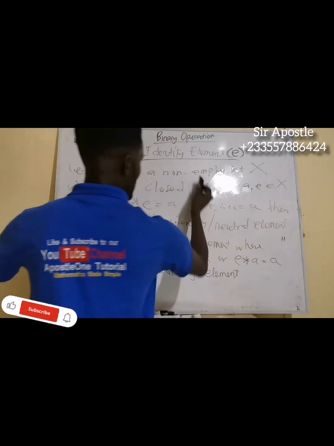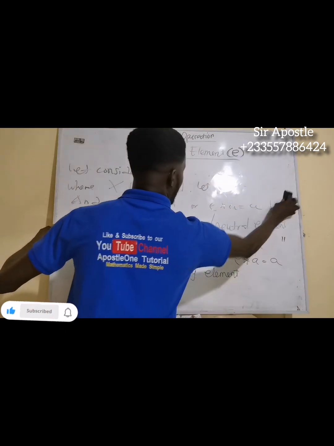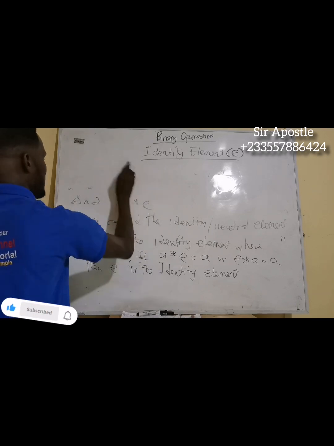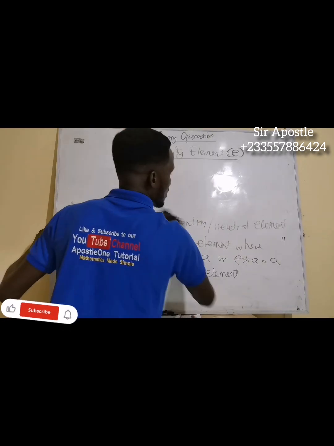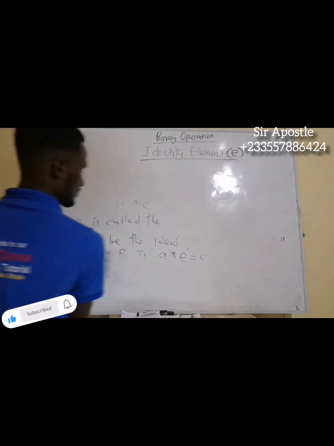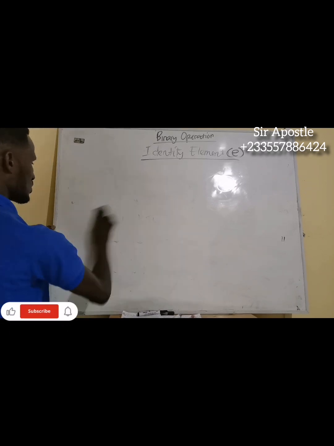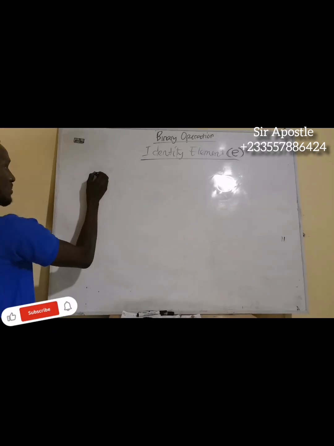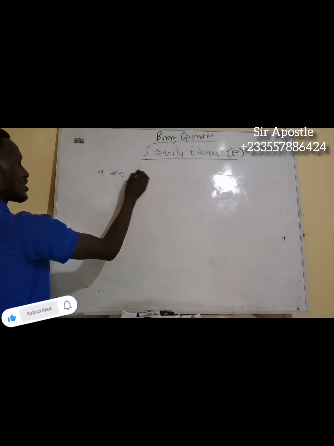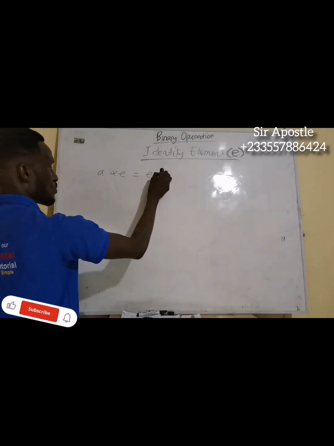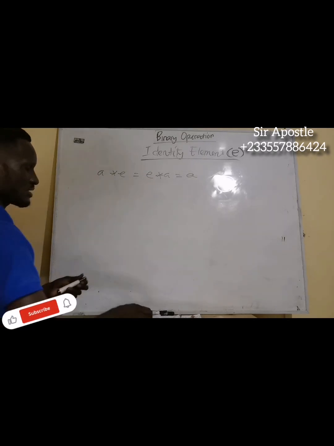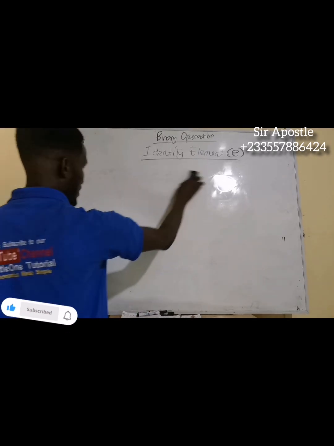So identity element is so simple. We can define it in terms of real numbers, and in terms of sets. So when they ask you to find the identity element, you have to know that when you combine any two elements, either A operation E or E operation A, we are supposed to get A. Now let me check one question and see how we can get the answer.